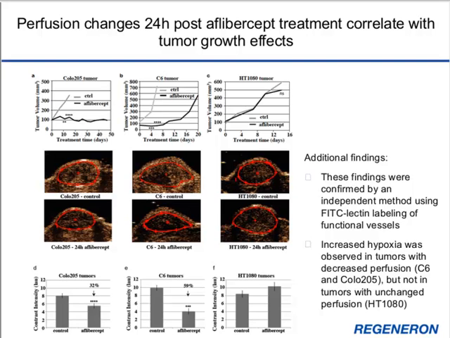These data were actually confirmed by other methods, which I don't have the time to go into, but all these methods show that early changes in perfusion correspond to long-term tumor growth response, suggesting that perfusion changes could be used as an early predictor of treatment efficacy.